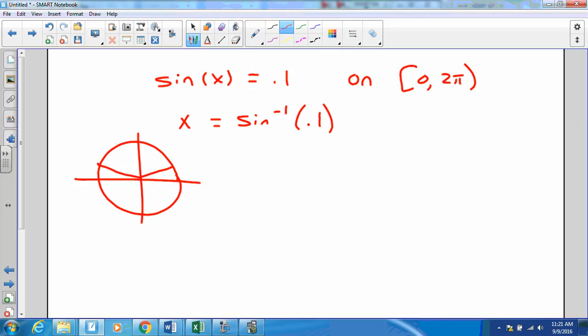The other solution has the same y-coordinate, and it is supplementary to it. So because it is supplementary, I can write it as pi minus the inverse sine of 0.1. So I can use my unit circle as a visualization tool to help me with this.